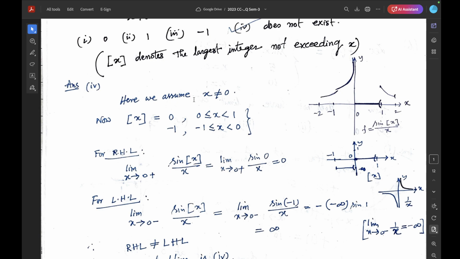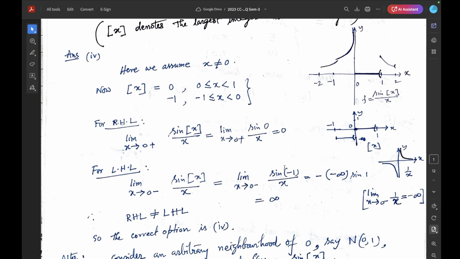For the right hand limit, x tends to 0 plus, sine of box x by x: sine of box x is 0, so sine 0 by x equals 0. For the left hand limit, x tends to 0 minus, box x is -1, so this is sine of -1 times 1 by x, and as x tends to 0 minus, 1 by x tends to minus infinity, so this tends to infinity.